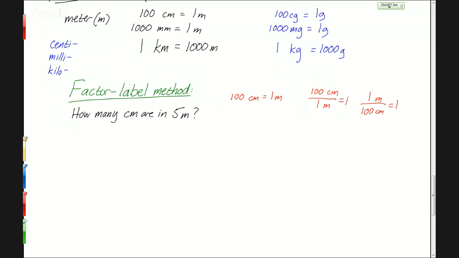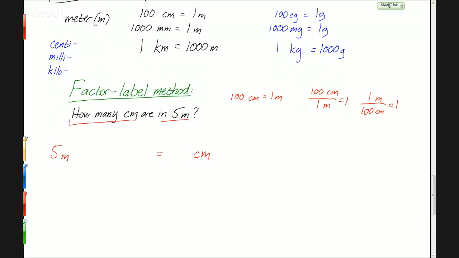How we use that in a problem like this is we say, all right, it's saying how many centimeters. So that's what I want at the end. And then 5 meters is what I've been given. So I'm starting with 5 meters. And I want to end up, do some kind of math to end up with a certain number of centimeters.